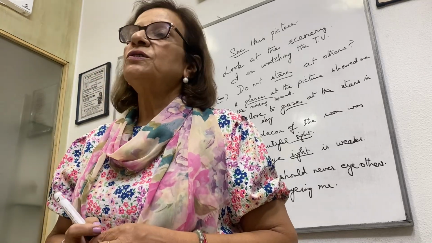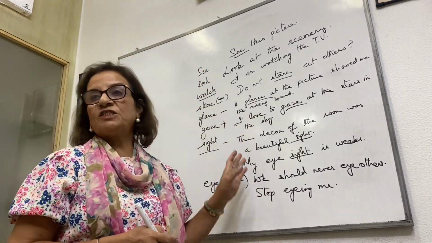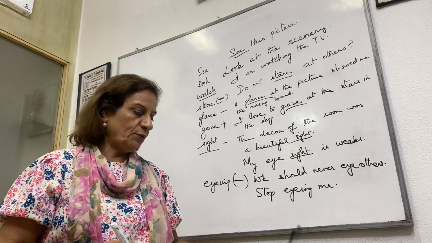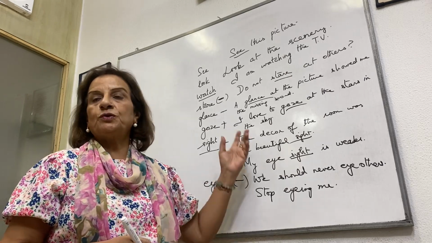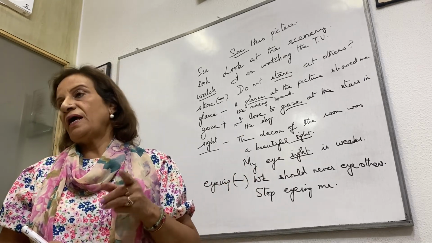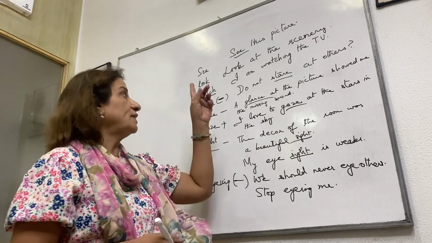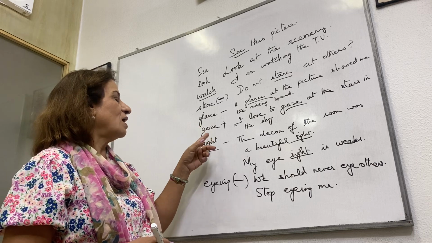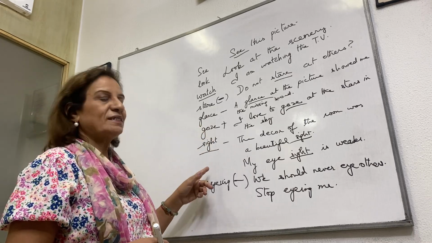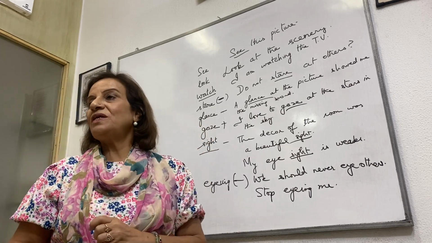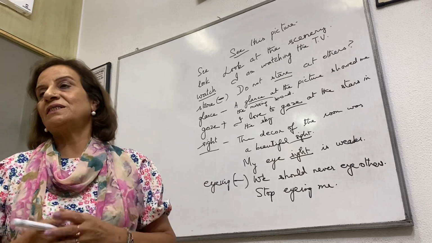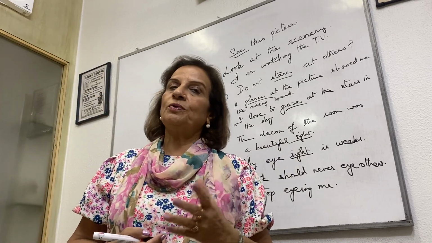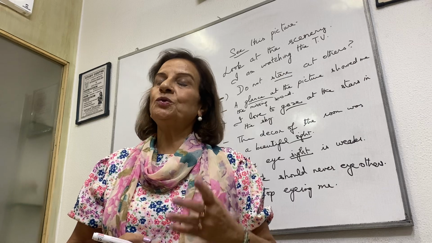Okay. So these are simple words which we are always using in our day-to-day life, but we should know where to use the correct word and in what context. See, look, watch, stare, glance, gaze, sight, eye. These are all words whose meaning comes to see only, but they are used differently.